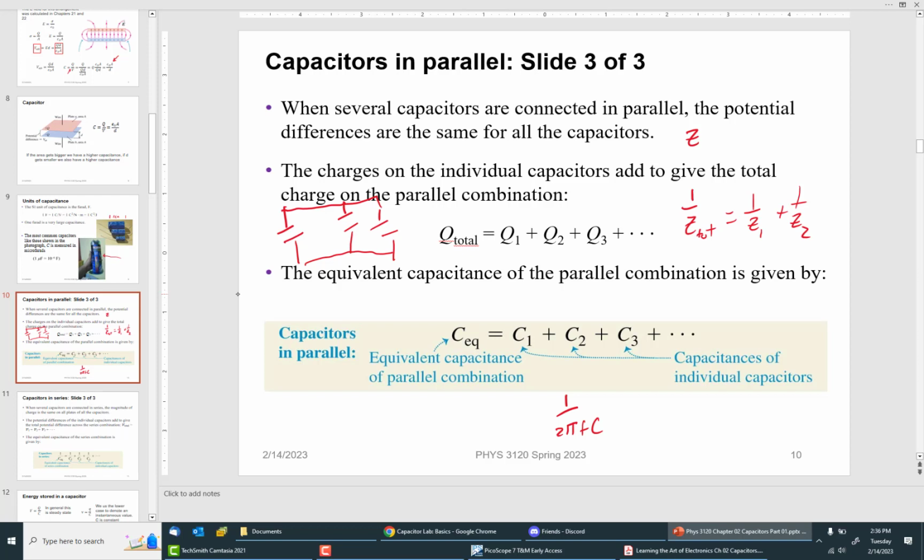So if I do 1 over that, you notice that I would get 2 pi F C total equals 2 pi F, and I'll just pull that out, C1 plus C2 plus C3, right? Isn't that neat? So I haven't violated anything. All the math is consistent.